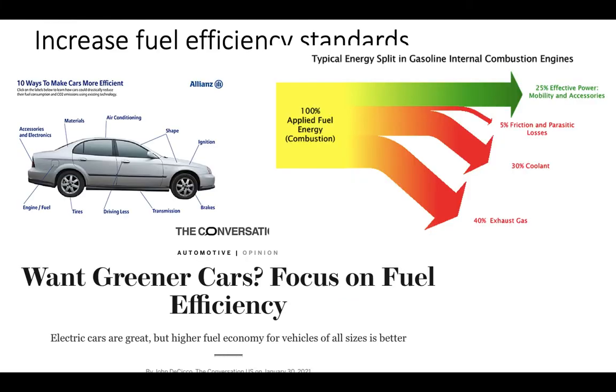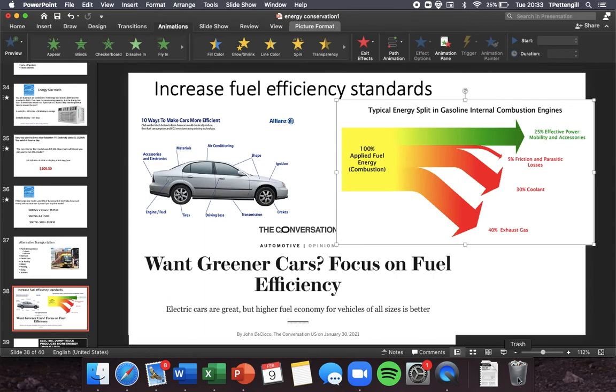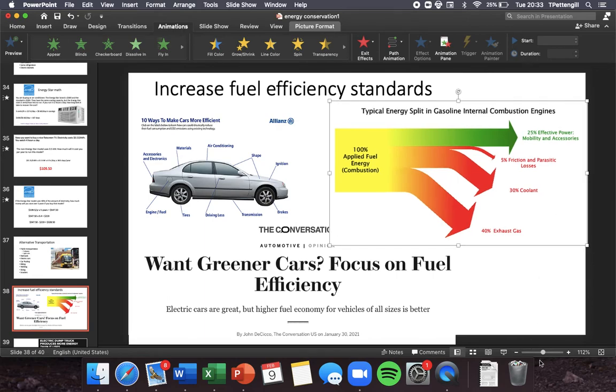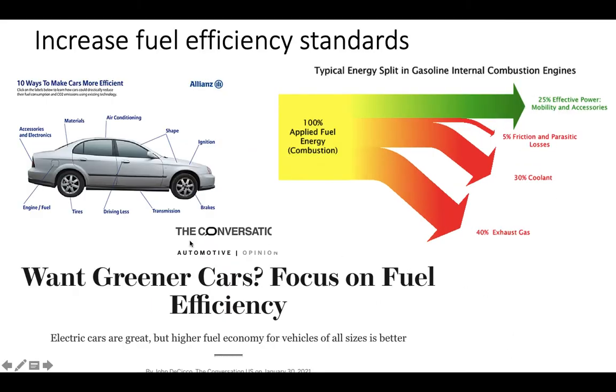And electric cars are great, but we also need to, I kind of blocked this out here, whoops. We also need to increase the fuel efficiency of combustion-based cars that run on gasoline. Increasing the fuel efficiency will have a big difference on those cars and the amount of energy they use.